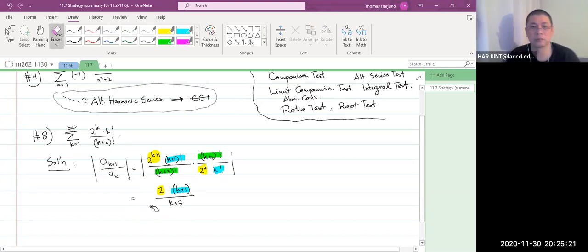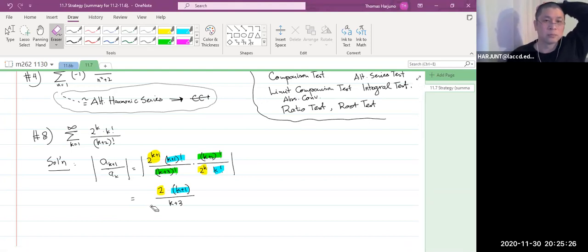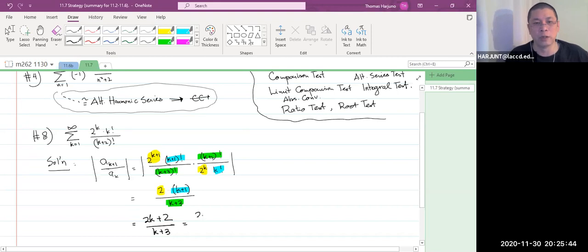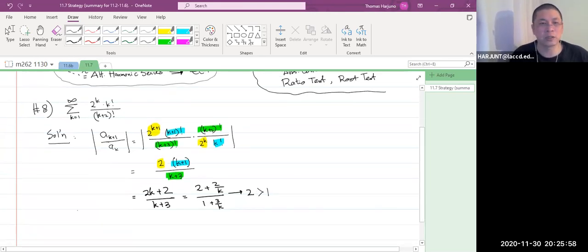Is it okay? So this is (2k plus 2) over (k plus 3). Now, you know this will converge to 2, but you still need to show it properly. (2 plus 2 over k) over (1 plus 3 over k), that is convergent to 2, which is greater than 1. So the series is divergent.